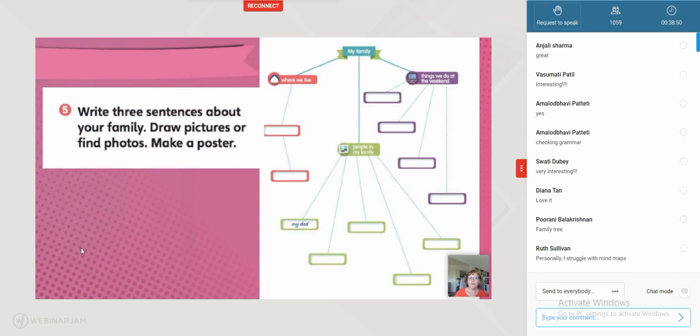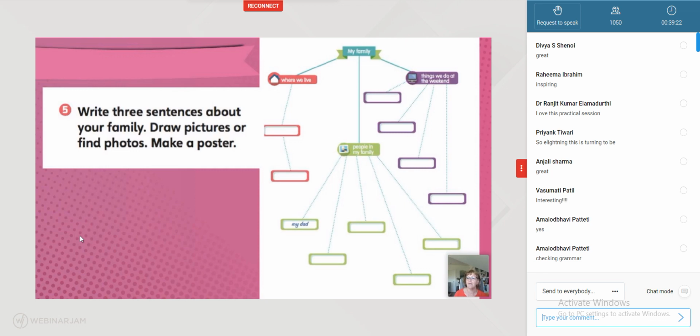And then students have written their 3 sentences about their family. They found their photographs, or they've drawn their pictures, and at the back of the book, I haven't actually got a copy physically of Fun Skills for you, but the page there is actually this full size for the students, and it's at the back of the book so that they can complete it for their own family with their poster.